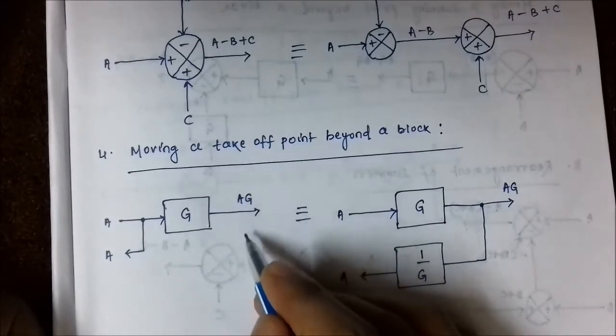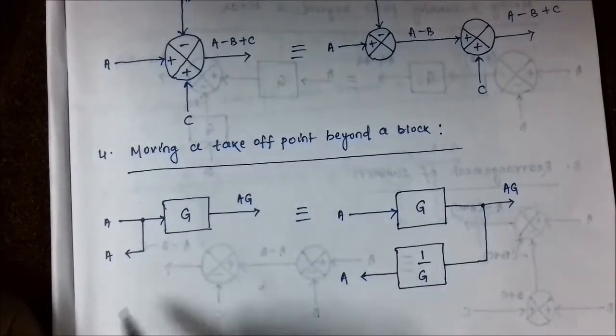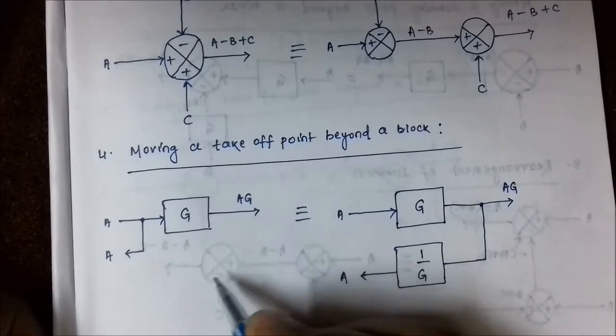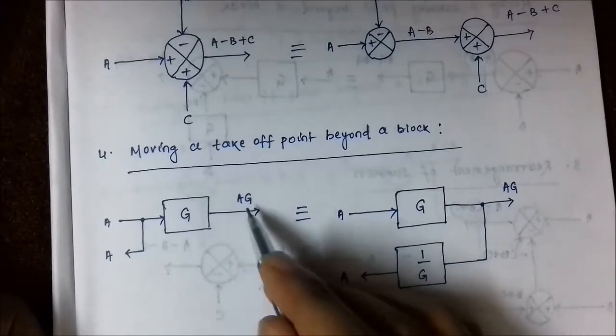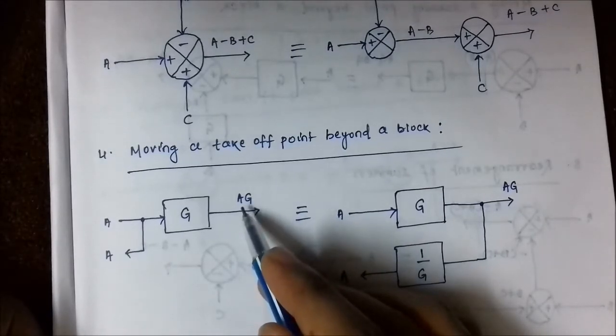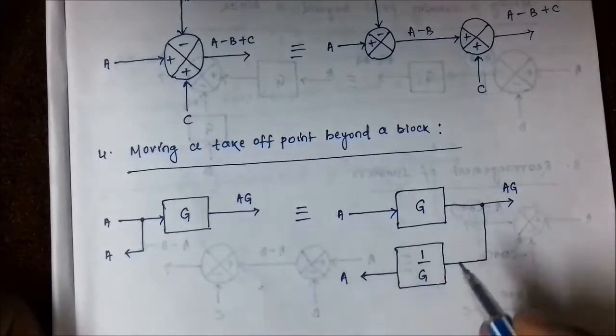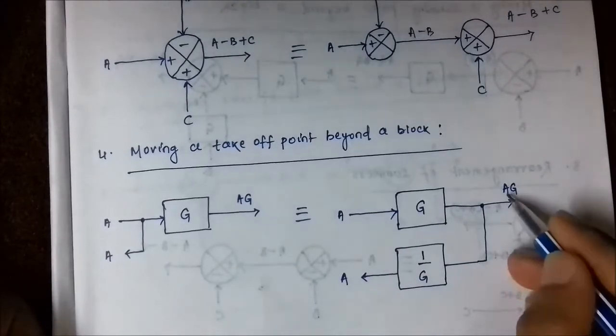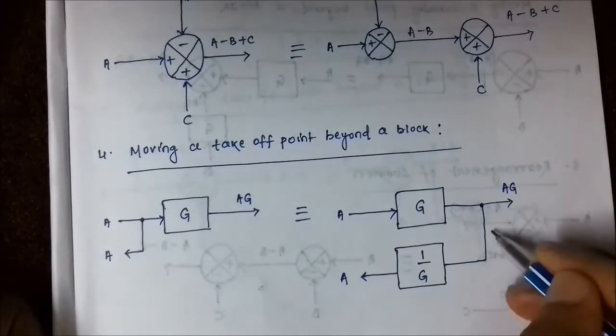So if we take a signal from here and we want a, we have to pass it through a block such that we get the value a after it gets multiplied with the block. So that's what we have done here. AG, we have taken the signal, this is AG.